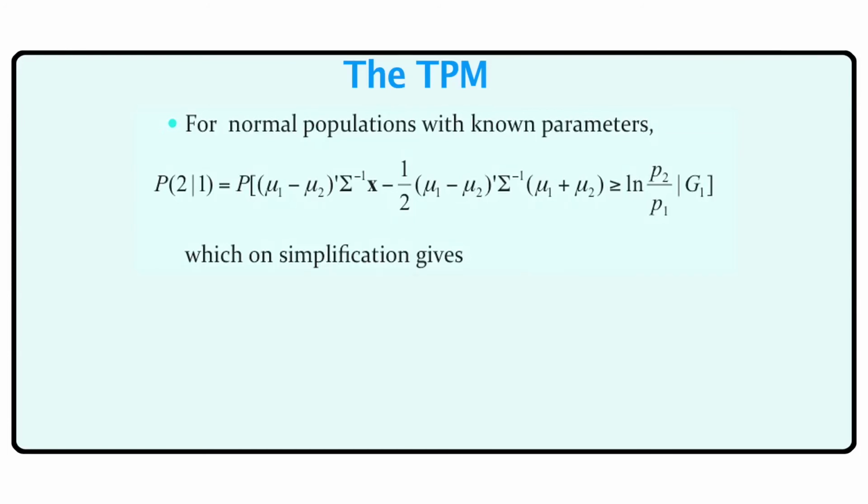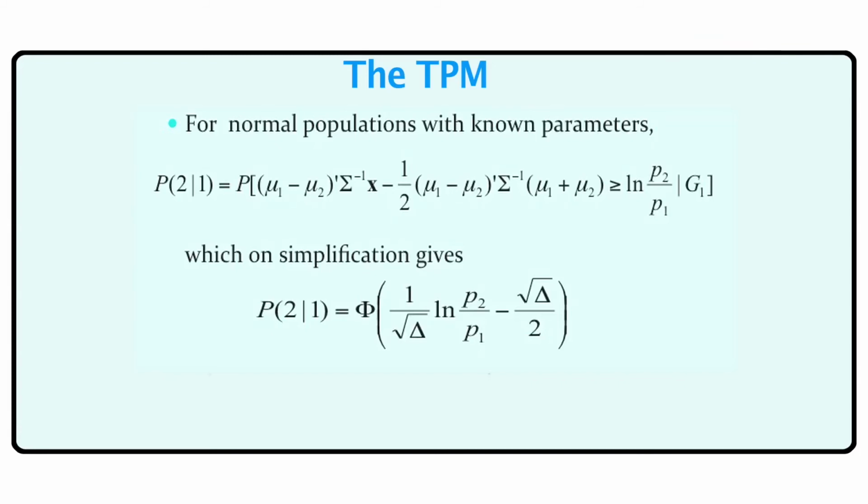This on simplification would lead to probability 2 given 1 being Φ, where Φ is the notation for the distribution function of the standard normal distribution.